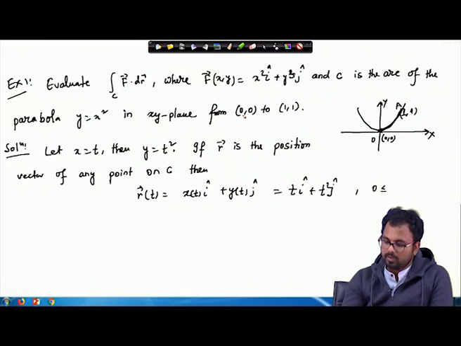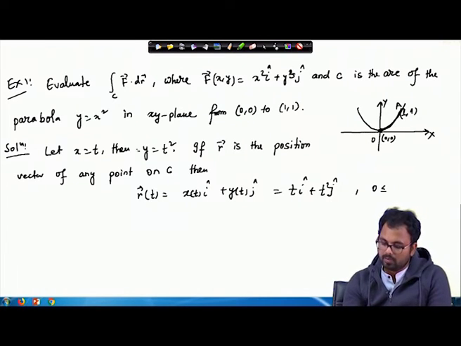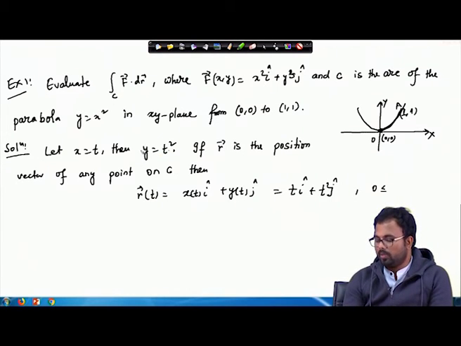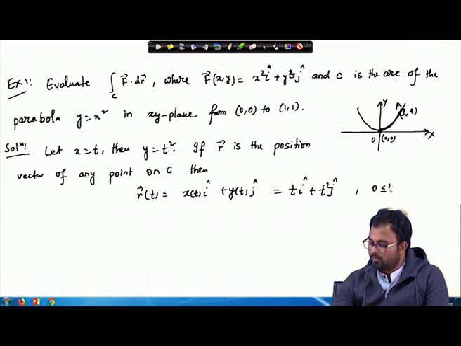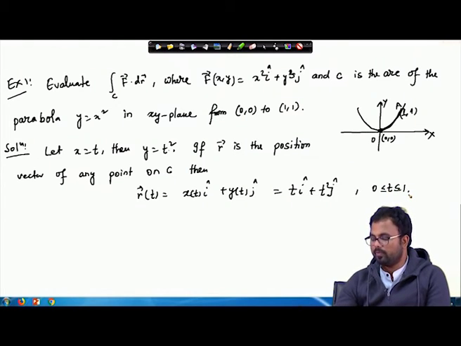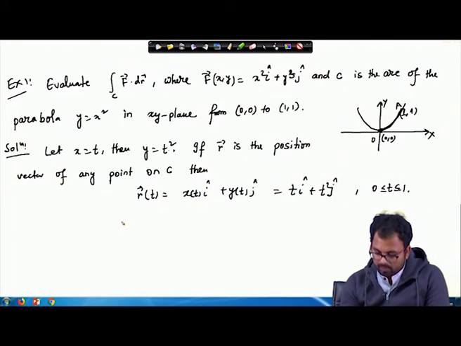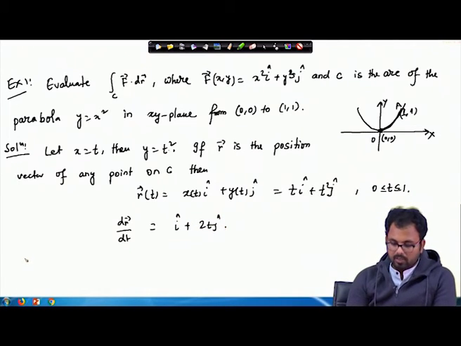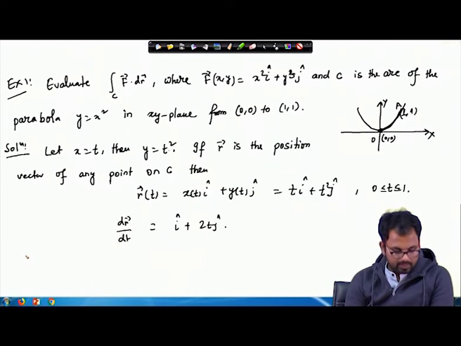When x is 0, t is 0, and when x is 1, t is 1. Similarly, when y is 0, t is 0, and when y is 1, t is 1. So, t will be running from 0 to 1. All right. Now, we will calculate dr/dt from here. So, dr/dt is i plus 2t j. All right. So, we have got our dr/dt.